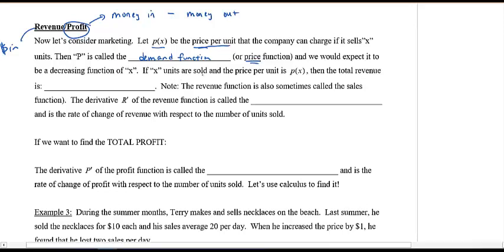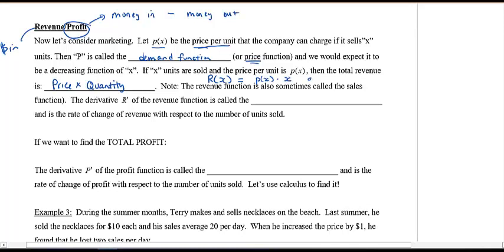So if x units are sold and the price per unit is this little p of x, then the total revenue is defined as taking the price multiplied by the quantity that you sell. So the revenue function, let's call it R of x, would be equal to the price, which is p of x, multiplied by the quantity, and the quantity right now is x.